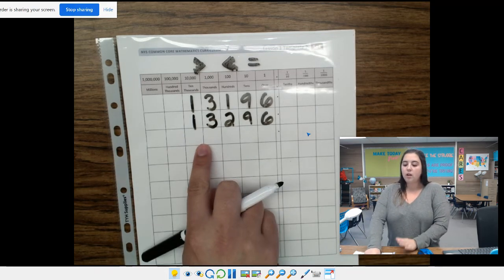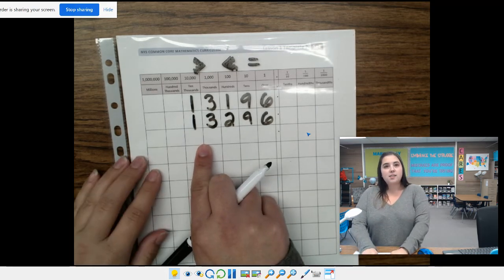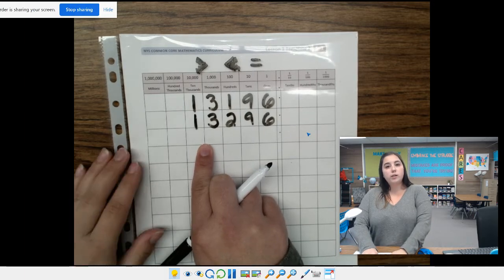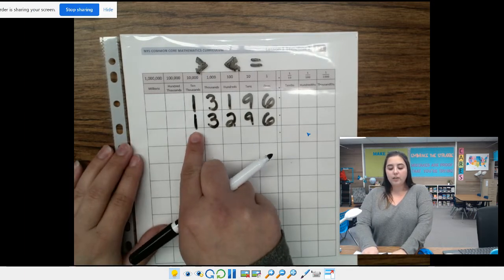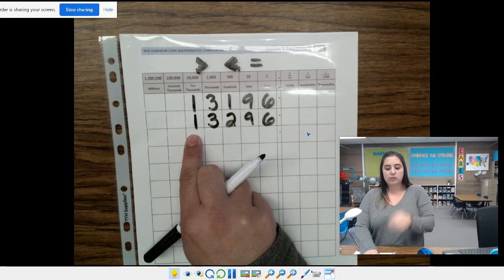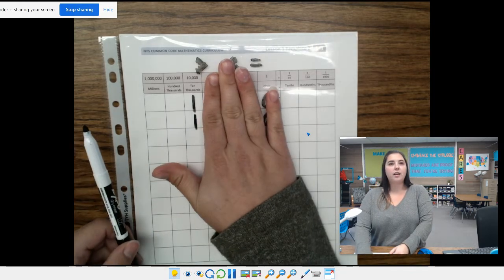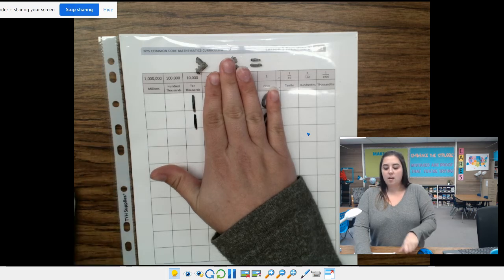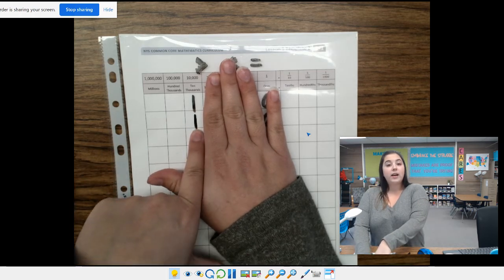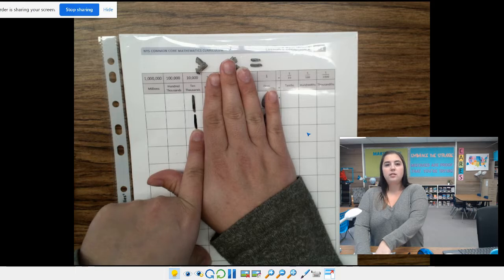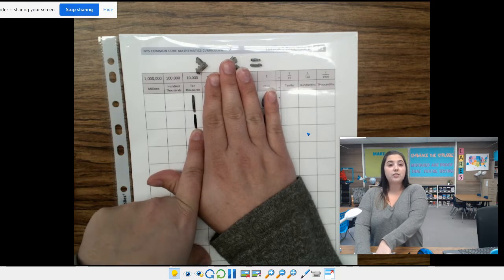So on a number like this, we can figure out which one is larger first by looking at the largest of the place values. So in these numbers, the largest place value is the 10,000s. Right now, they have the same digit in the 10,000s. They each have 10,000.